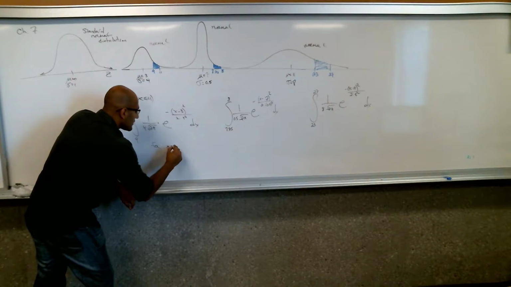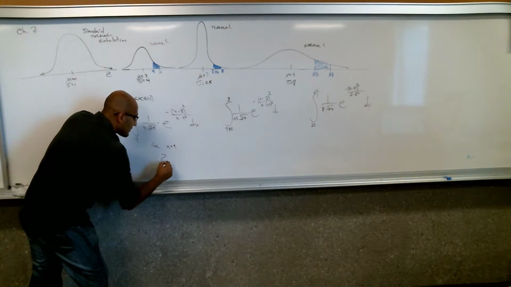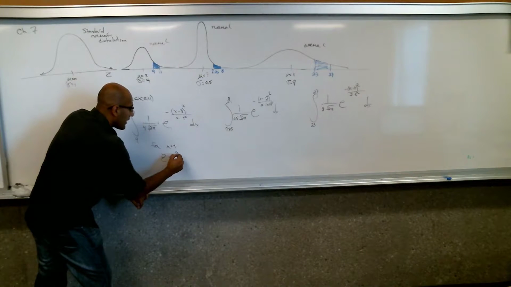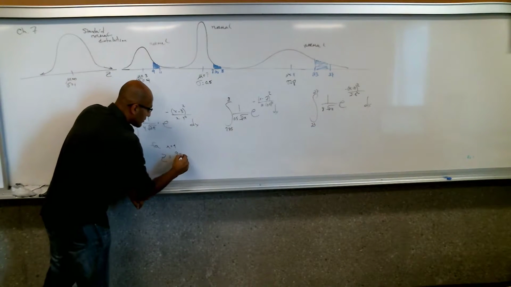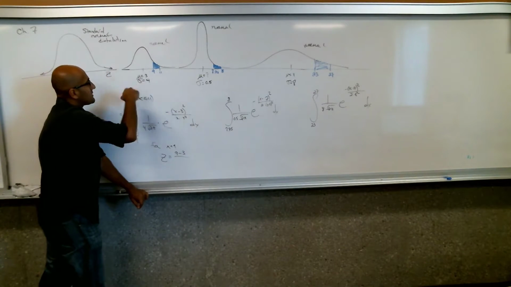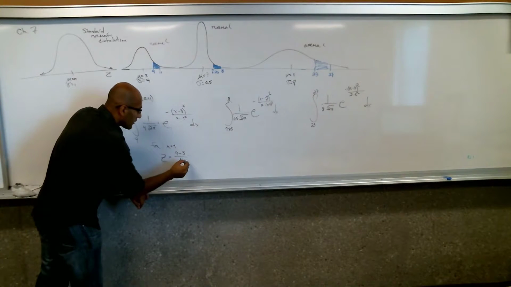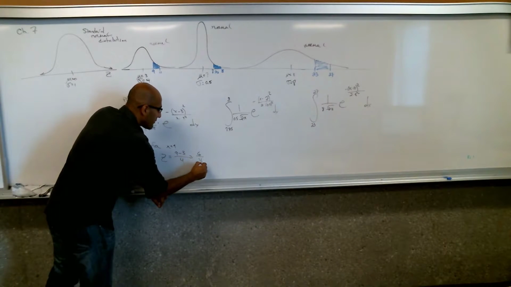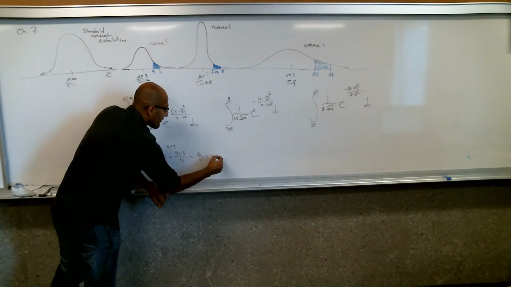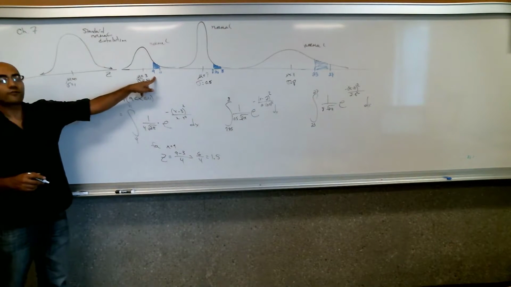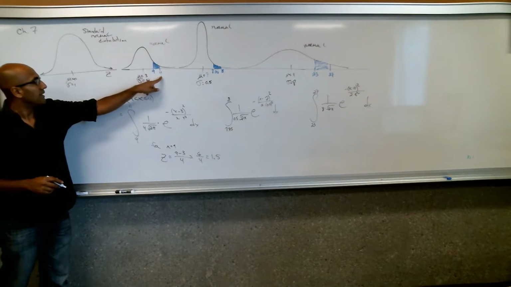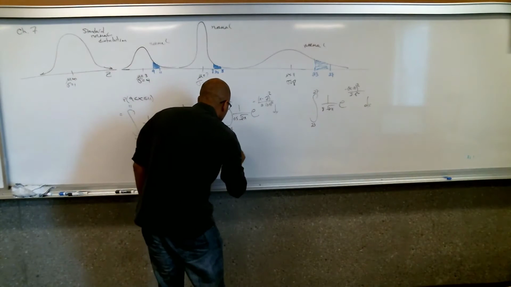For x equals 9, the z-score is going to be 9 minus its mean, which is 3, divided by its standard deviation, which is 4, which is 6 divided by 4, which is equal to 1.5. Okay, so the z-score for 9 is 1.5. Now what's the z-score for 11?